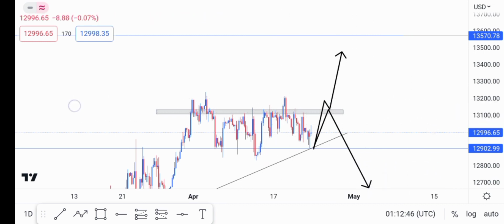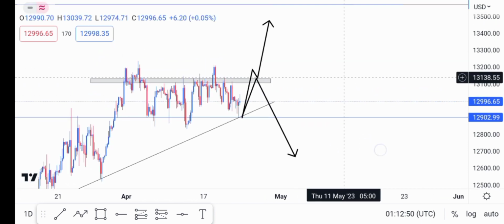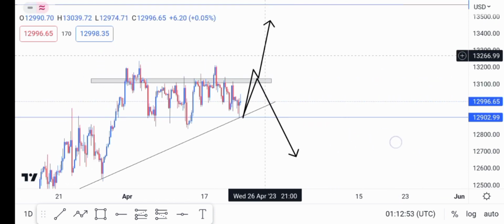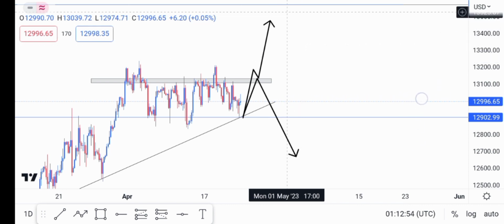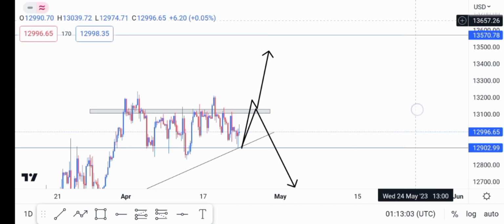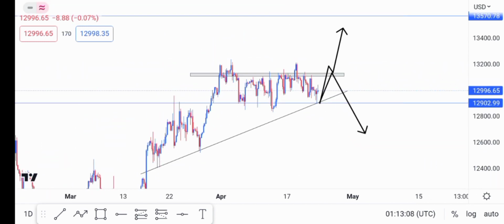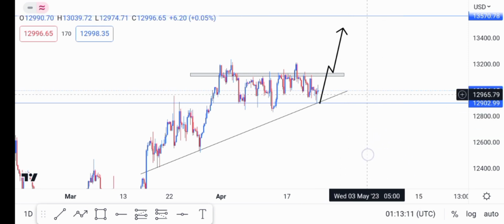So we don't know what's really going to happen. But if you see a movement like this on the buyers, just know we are still buying up until maybe 13570.78 over here.